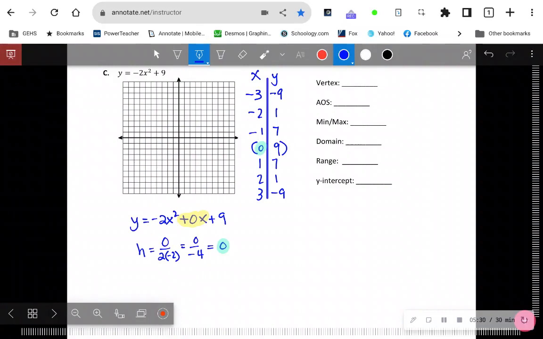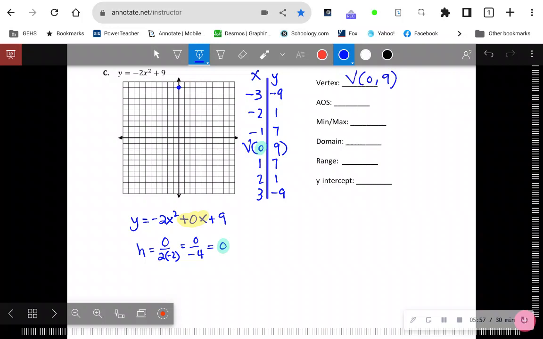This one's graphed already. What I want to point out here is that when there's no x value, you can put your own 0x in there, and that helps you find this h value down here. That h value is a vertex. Looks like I forgot to mark it with a V. And I'll go ahead and transfer that up here quickly. The vertex is at 0, 9. So 0, 9, let's go ahead and graph this.